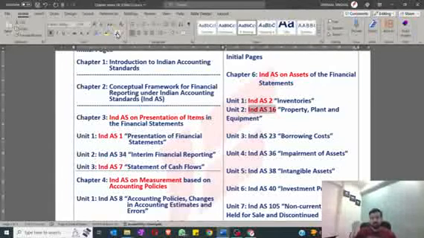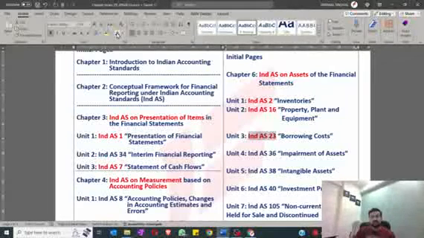Then Ind-AS 16. Ind-AS 16 talks about property, plant and equipment. In short, we will be calling it PPE or PPNE. Third one is Ind-AS 23. It talks about borrowing costs.